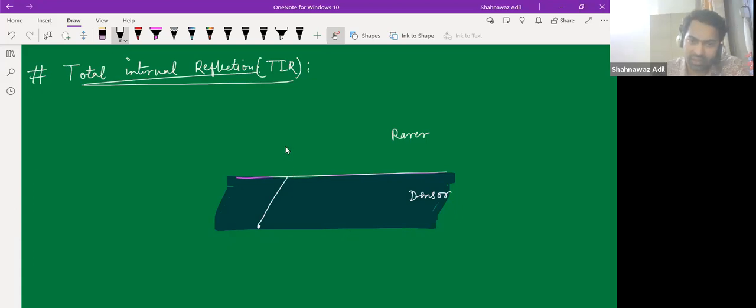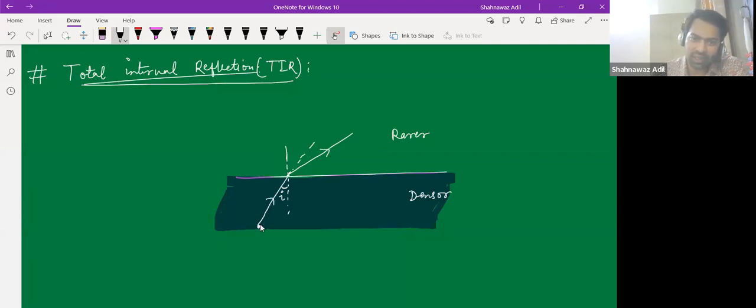At first this is the incident angle, then this is the actual path. Light will go away from the normal. So this is the first case.